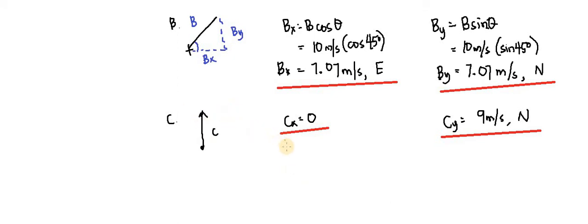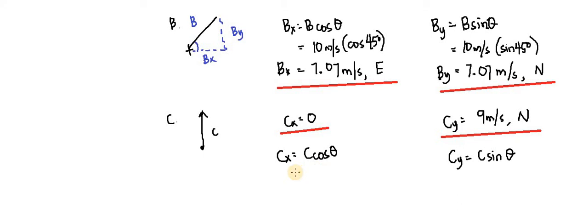And if we will try to solve that, let's have our C sub X. Okay, check lang natin for checking. C sub X is equal to C cosine of theta. And then we have here your C sub Y equal to the C sine of theta.